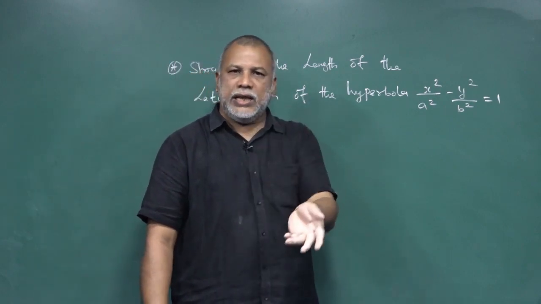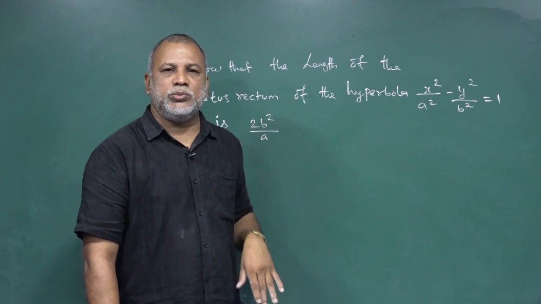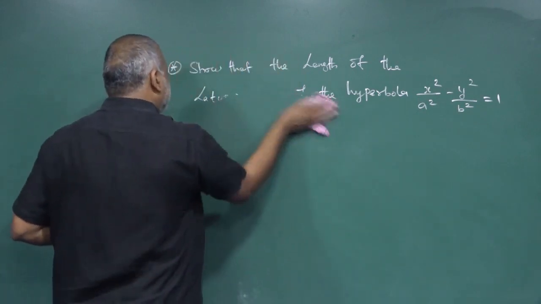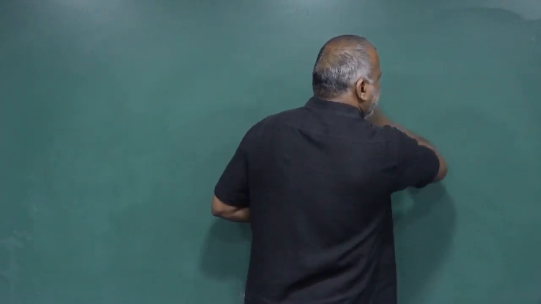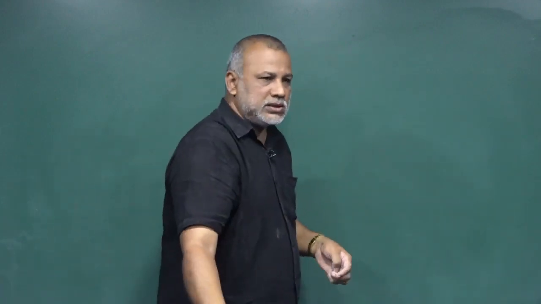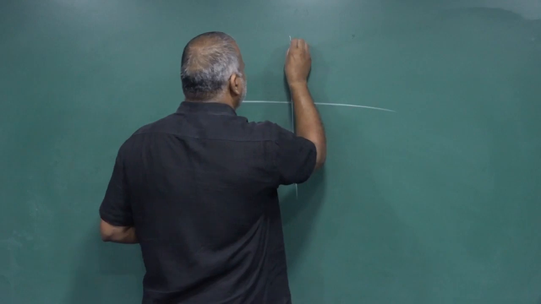For both ellipse and hyperbola, the length is the same, 2b squared by a. We already proved this one. Refer to your theoretical concept, where we discuss the topic length of the latus rectum. Just recall the concept, refer to that one. Take down the question.